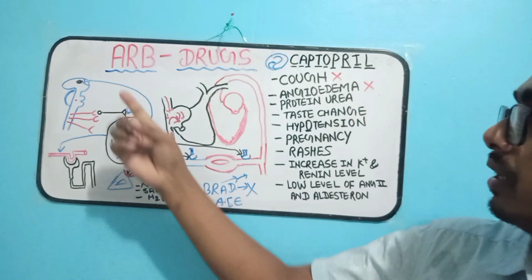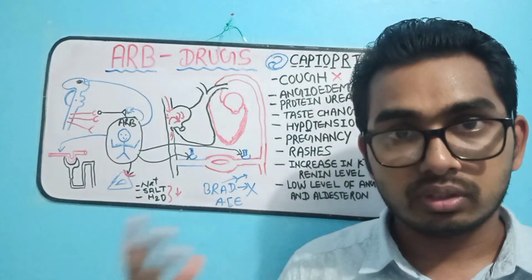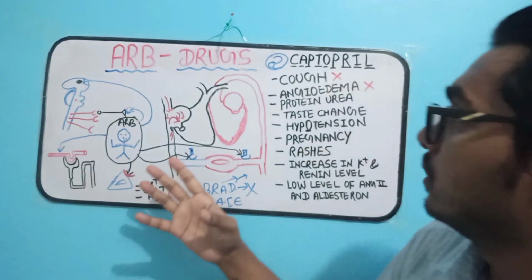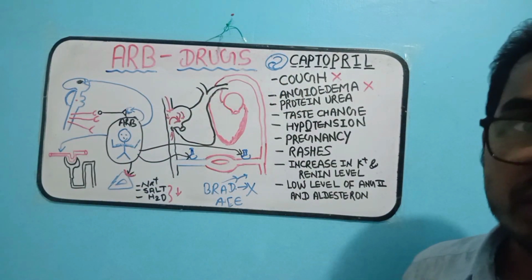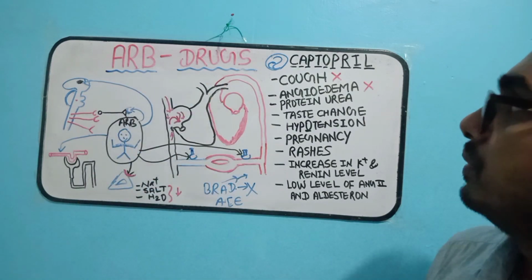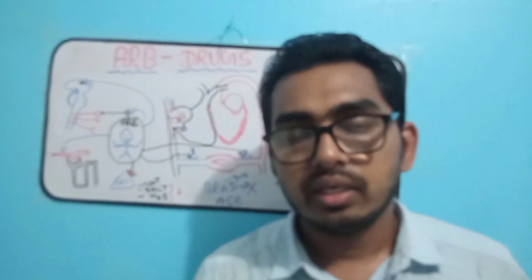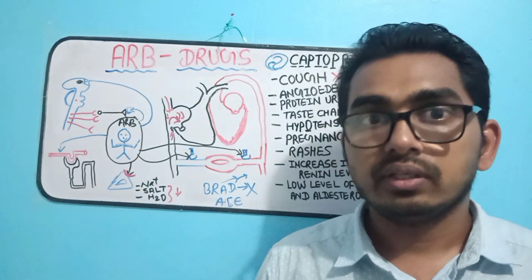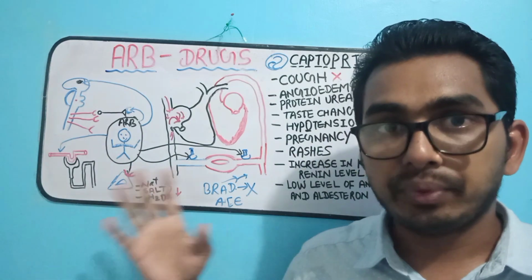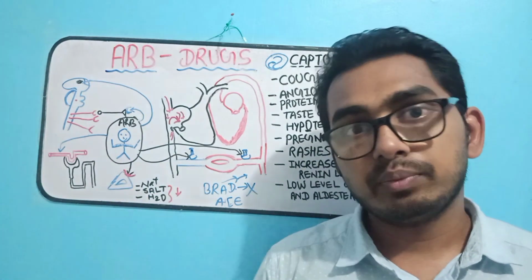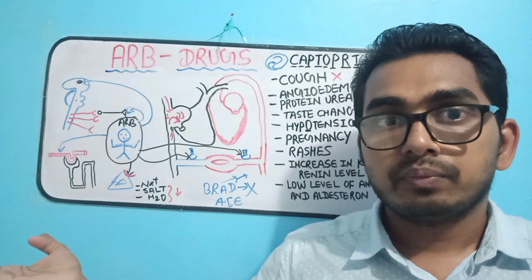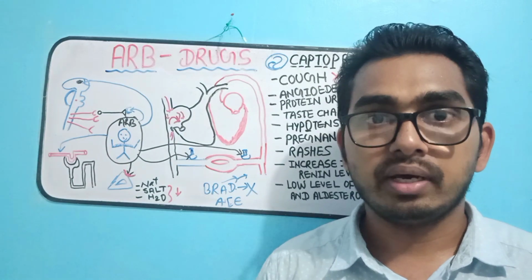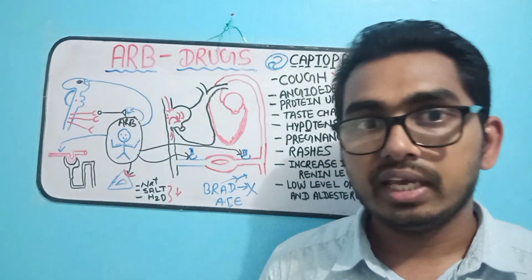So we have to give the ARB drugs as a substitute for the ACE inhibitor drugs, so the patient can tolerate it if we give the ARB drugs for congestive heart failure. And we also prefer these drugs once daily, which will be better for congestive heart failure. If the patient has any kind of problem with the cough and the angioedema, we have to prefer ARB drugs.